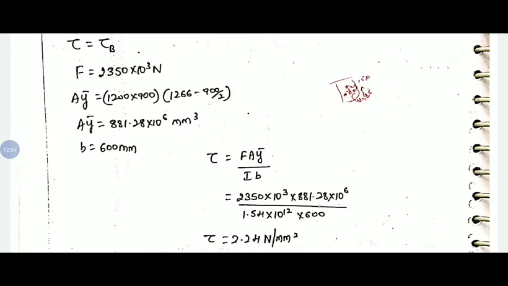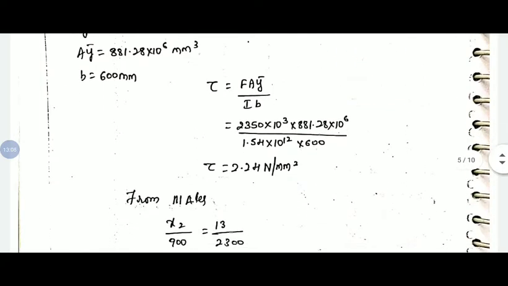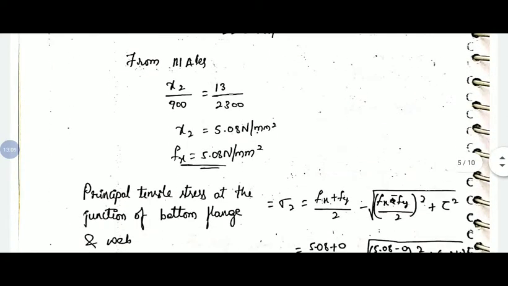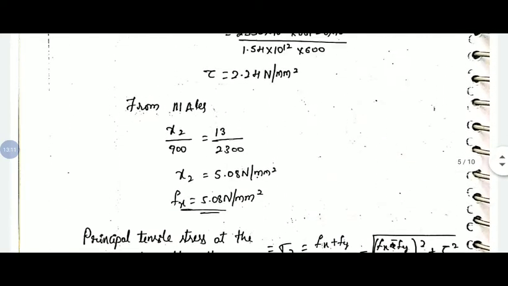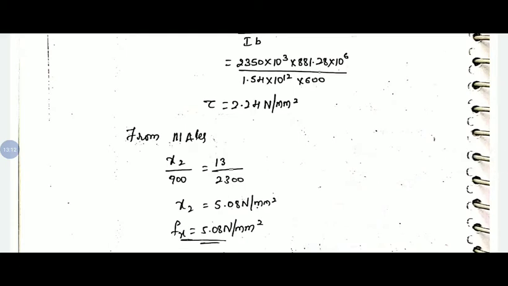B again is the width of the web for flanged section, tau equals F ay bar by Ib. So tau we will get 3.24 Newton per mm square. Sorry, it is 2.24. So from similar triangle, x2 by 900 is equal to 13 by 2300.